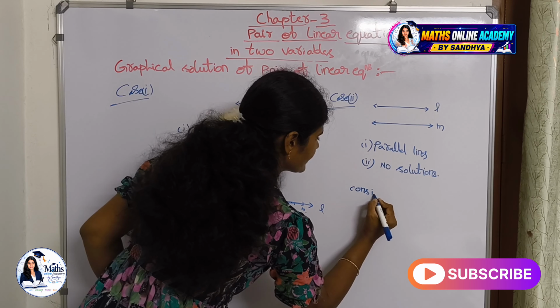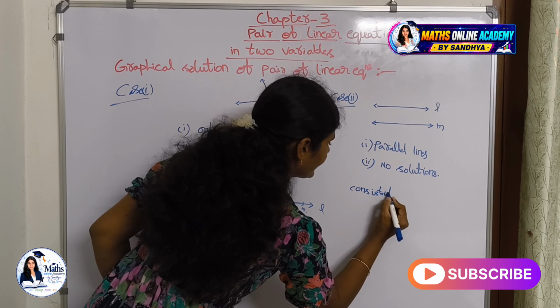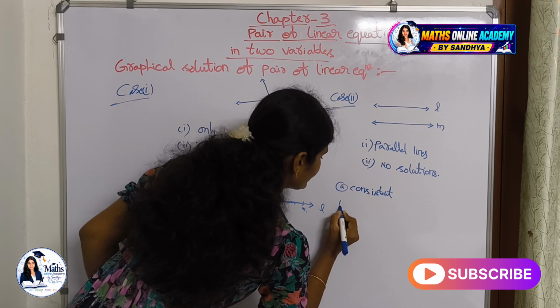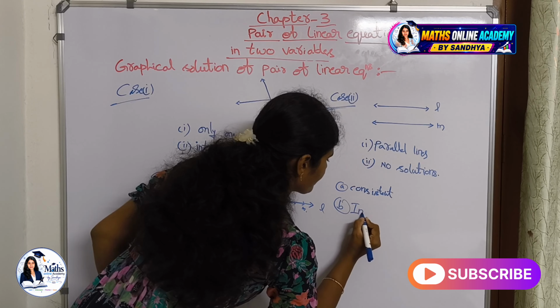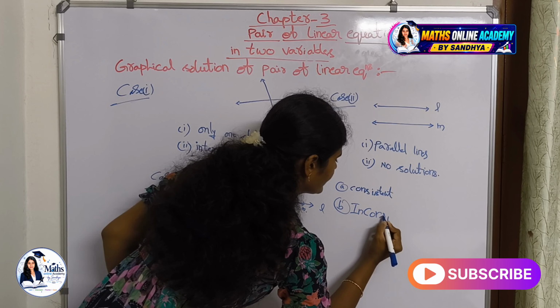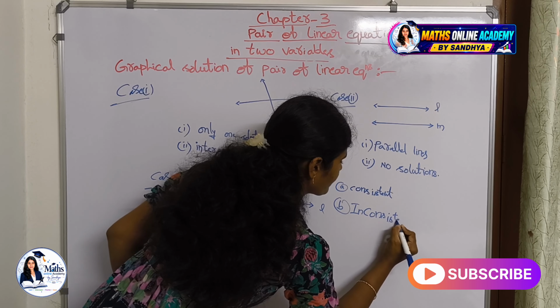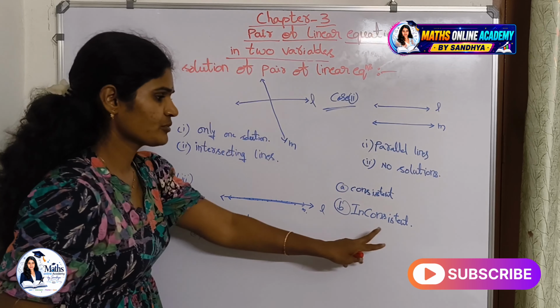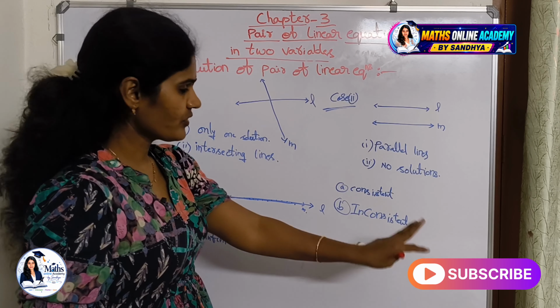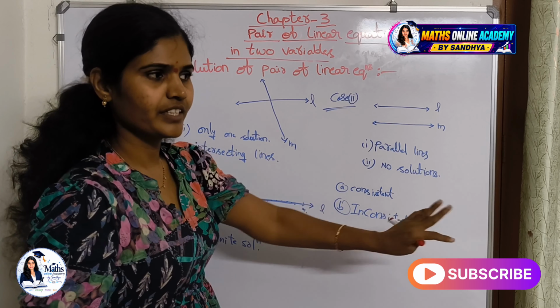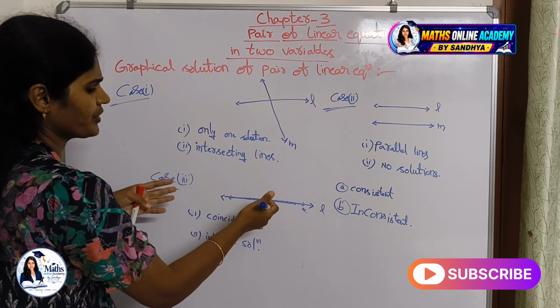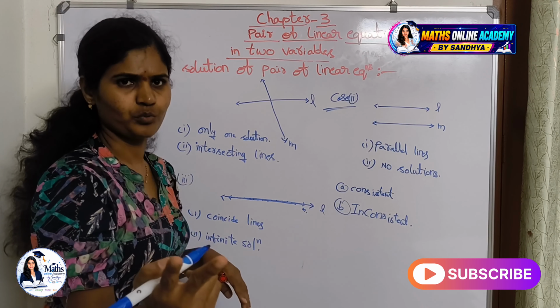Consistent and one more is inconsistent. Consistent or inconsistent pair of linear equations. These all are pairs of linear equations. Pair means two.